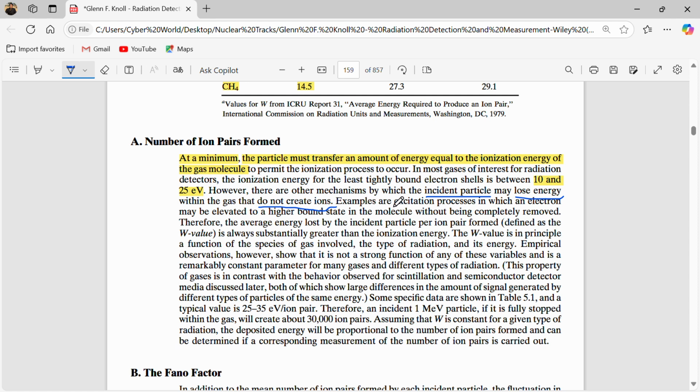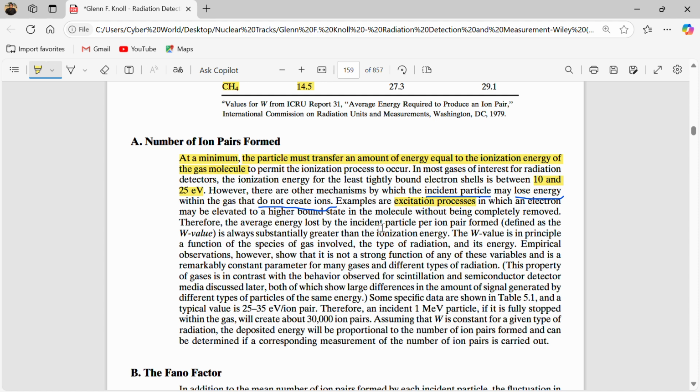Instead of ionization, there is another process, which is the excitation process. An example is excitation, in which an electron may be elevated to a higher bound state in a molecule without being completely removed. So in the excitation process, what basically happens?